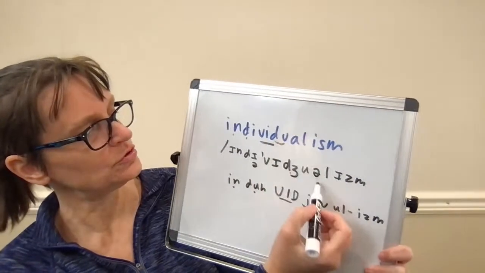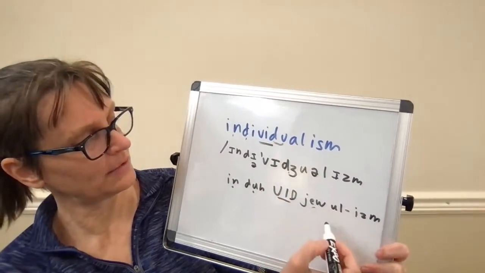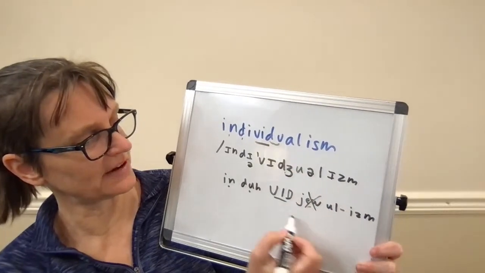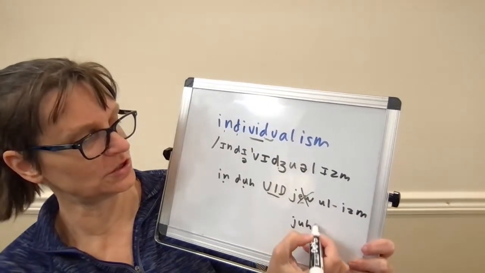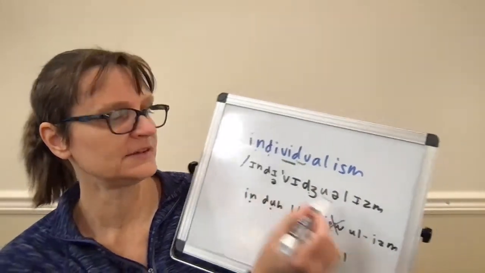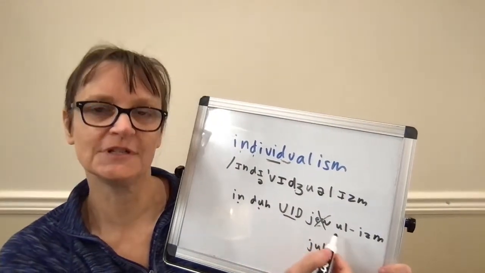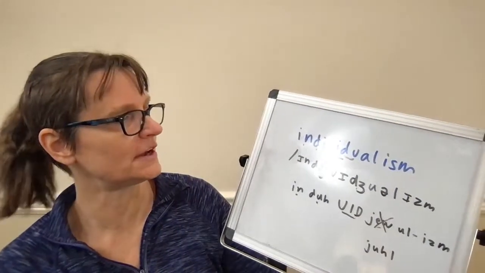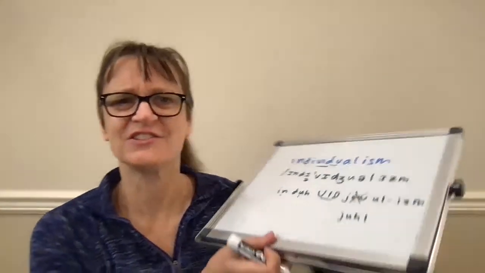So this jewel might get reduced to individualism, where we would kind of leave the oo sound off. So it would be more individualism, an individual. If I go slowly, individualism, I'll have the ul, but that's a place where we tend to reduce the u to more of a ya. Yeah, that's a tough word. Thank you for that request.